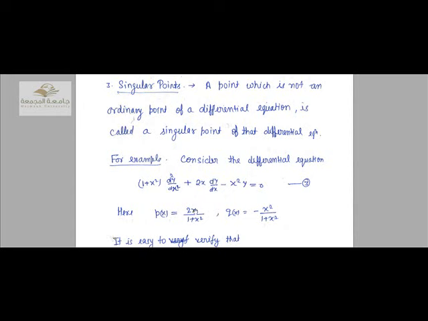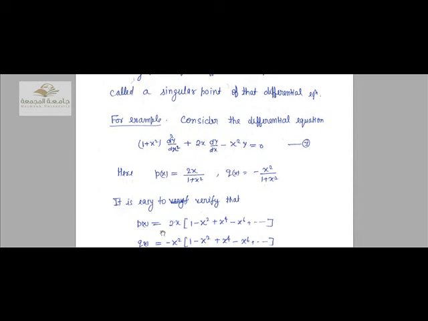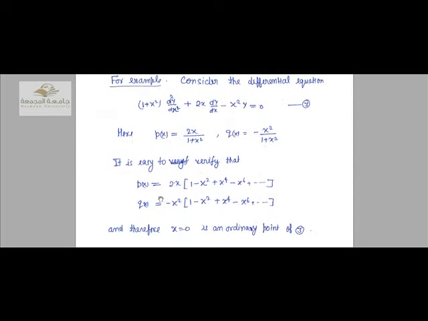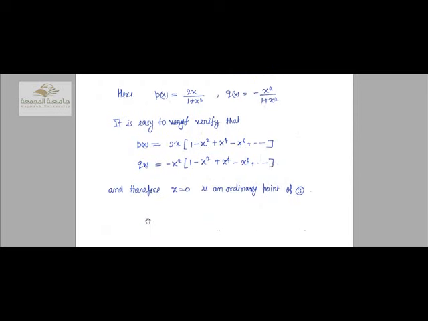Here p(x) is equal to 2x over 1 plus x square and q(x) is equal to minus x square over 1 plus x square. It is easy to verify that p(x) is equal to 2x times 1 minus x square minus x to the power 6 plus up to, and q(x) is equal to minus x square times 1 minus x square plus x to the power 4 minus x to the power 6 plus up to, and therefore x is equal to 0 is an ordinary point of 3.